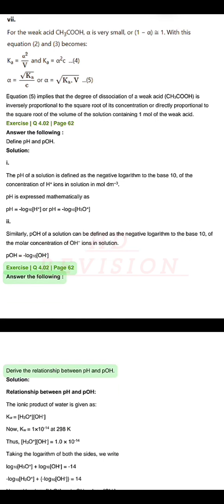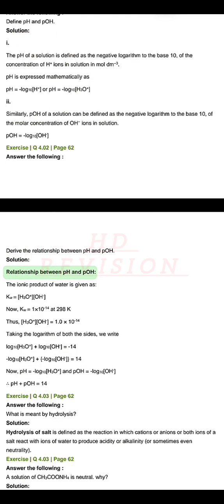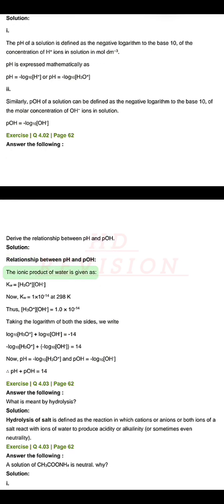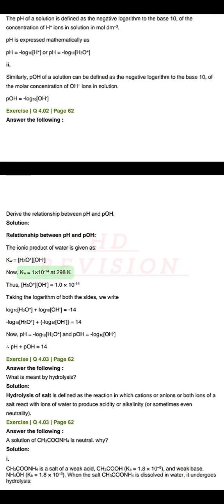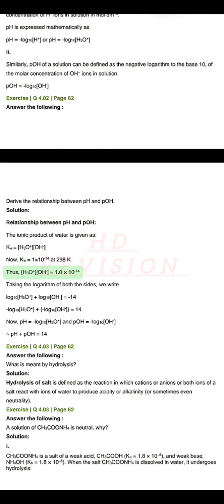Exercise Q 4.02, page 62. Answer the following. Derive the relationship between pH and pOH. Solution. The ionic product of water is given as Kw = [H3O+][OH-]. Now, Kw = 1 × 10^-14 at 298 K. Thus, [H3O+][OH-] = 1.0 × 10^-14.